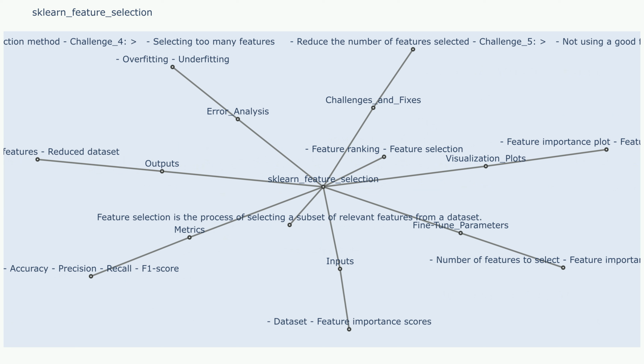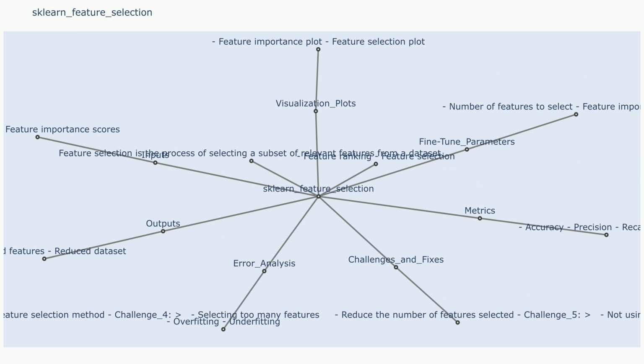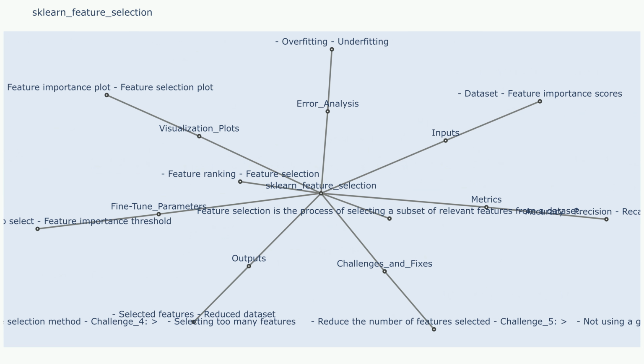Inputs: data: a dataset containing the features and target variable. This can be a pandas DataFrame or a NumPy array. Target variable: the column in the dataset that represents the outcome or the variable to be predicted by the model. This can be a categorical or numerical variable. Outputs: selected features: the subset of features that have been chosen by the feature selection method.